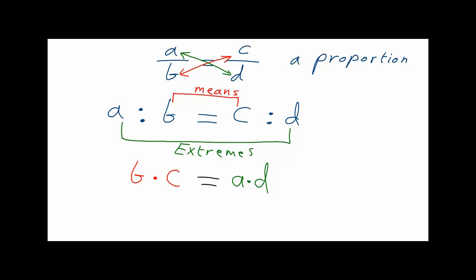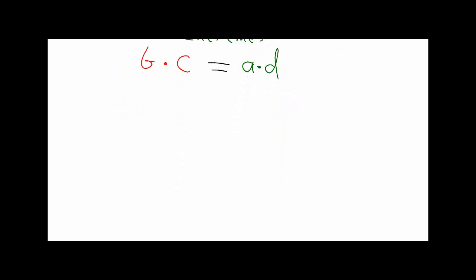And we can use this property to solve a proportion with an unknown variable. Let us see some examples.